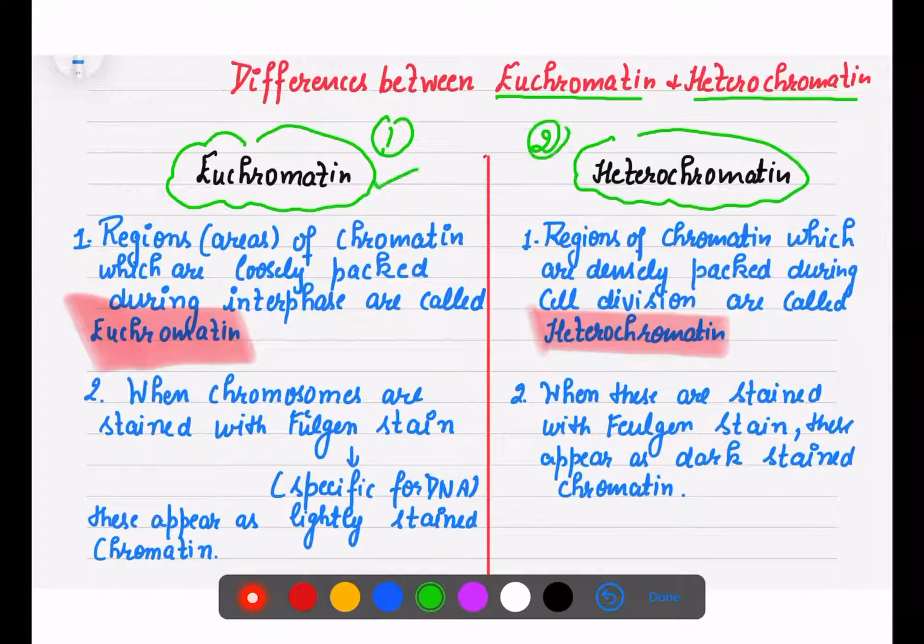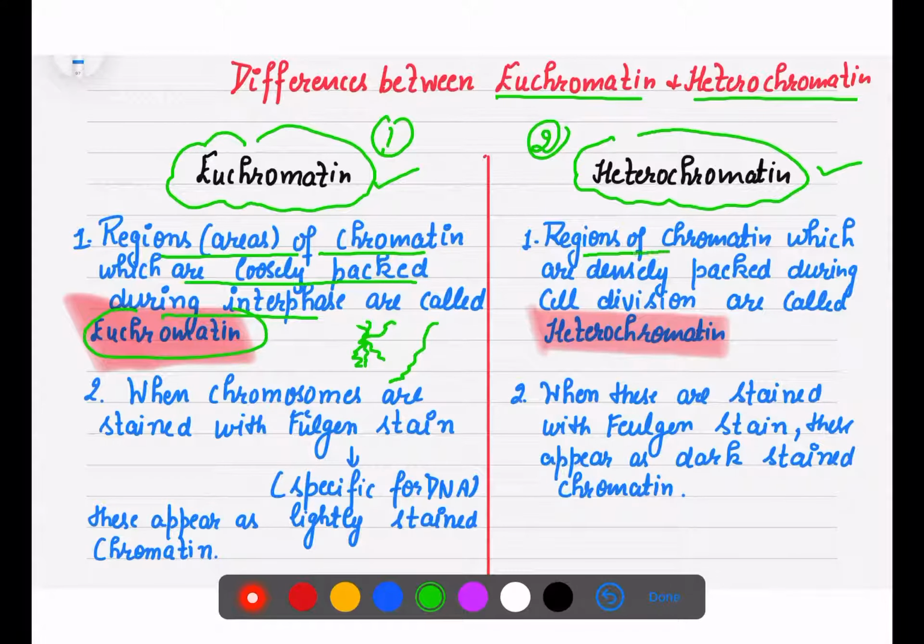What is euchromatin? Euchromatin is those regions or areas of chromatin which are very loosely packed during interphase. They are loosely arranged, not tightly bound; these are euchromatin.